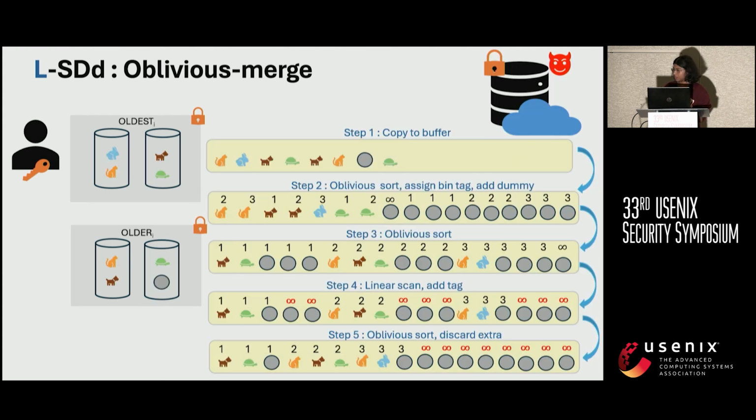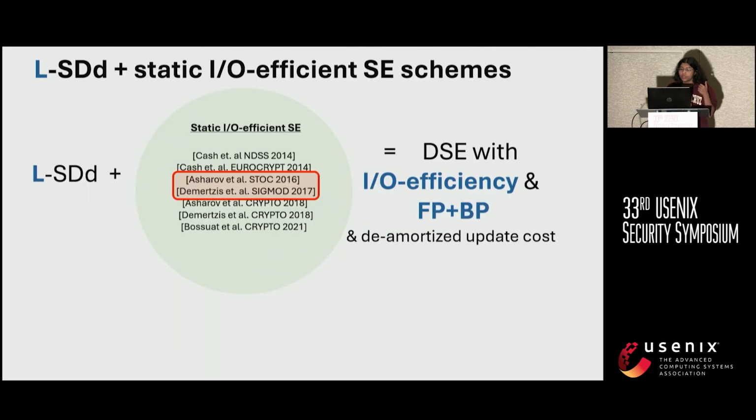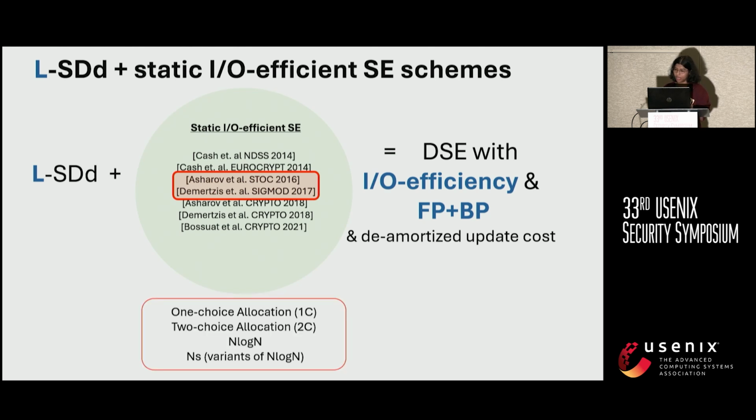So in oblivious-merge, in every step, we are either performing an oblivious sort or a linear scan. Neither of these operations reveals any information regarding the keyword order, quantity, or relations between them to the server. We implemented the I/O efficient schemes from these 2 papers, namely one-choice allocation, two-choice allocation, n log n, and several of their variants, and instantiated them with our LSTD framework.